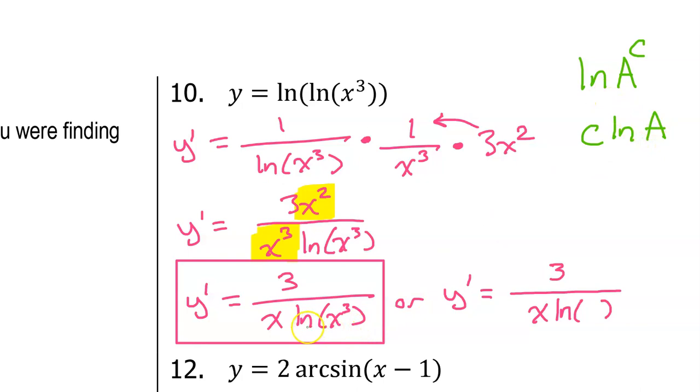But notice in the denominator we have ln(x³). According to this property, I can take the 3 in the exponent and move it out to the front. So I will still be left with the x, but if I take the 3 and move it out to the front, I'm going to have the 3 right here.